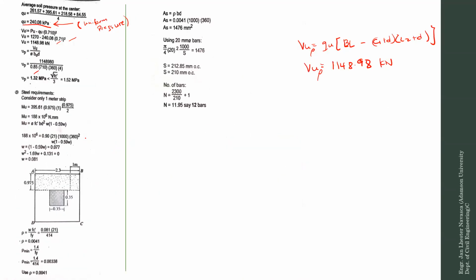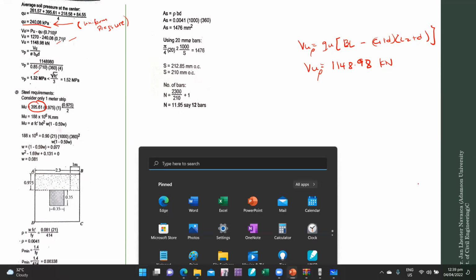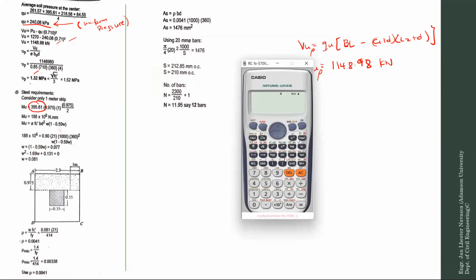Okay. So yung for the steel requirements, you will use yung maximum soil pressure this time. Okay. Yan yung gagamitin mo dito. So let us try. So sa calculator natin. Okay.